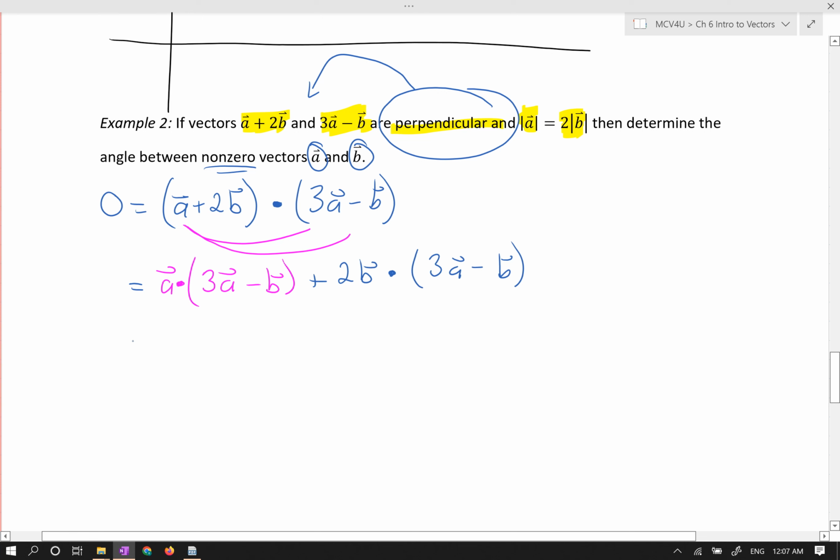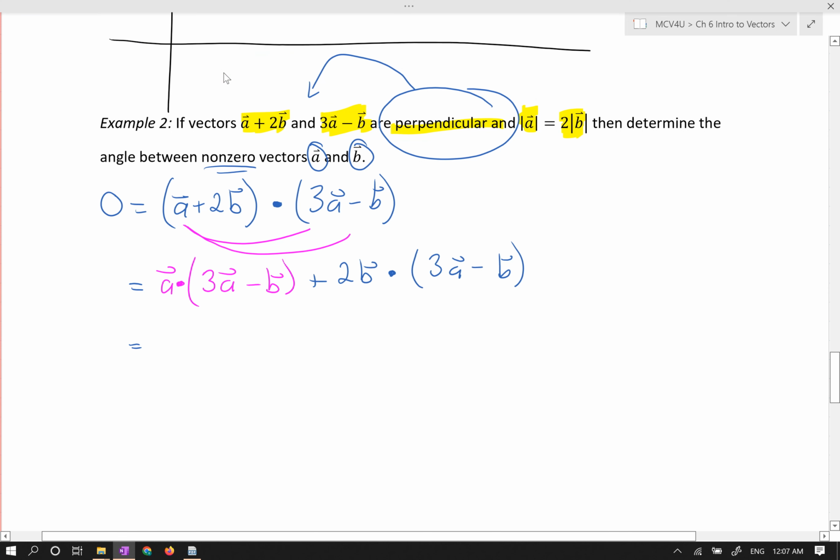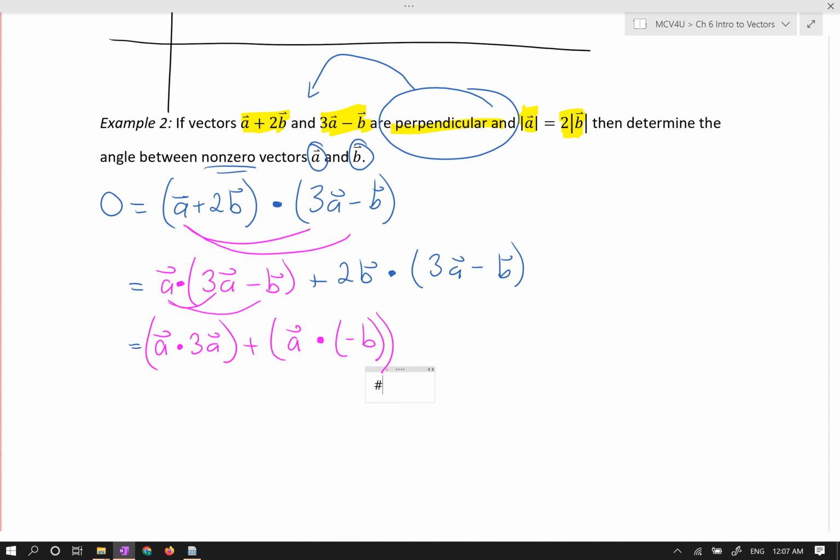Fantastic. So we can evaluate this a little bit further. We can distribute a little bit further because I have a dot product with 3a minus b. So I'm working with here a dot 3a plus a dot negative b, which allows us, if we want to, to distribute this negative out.